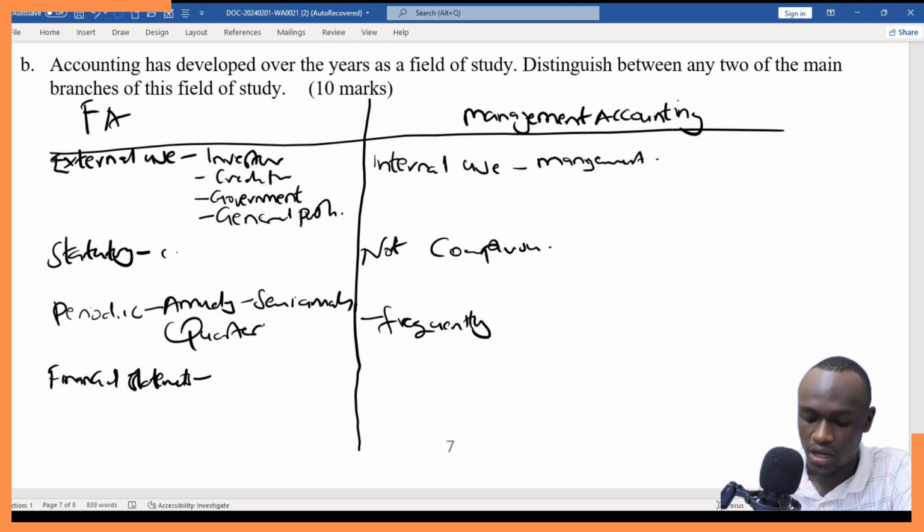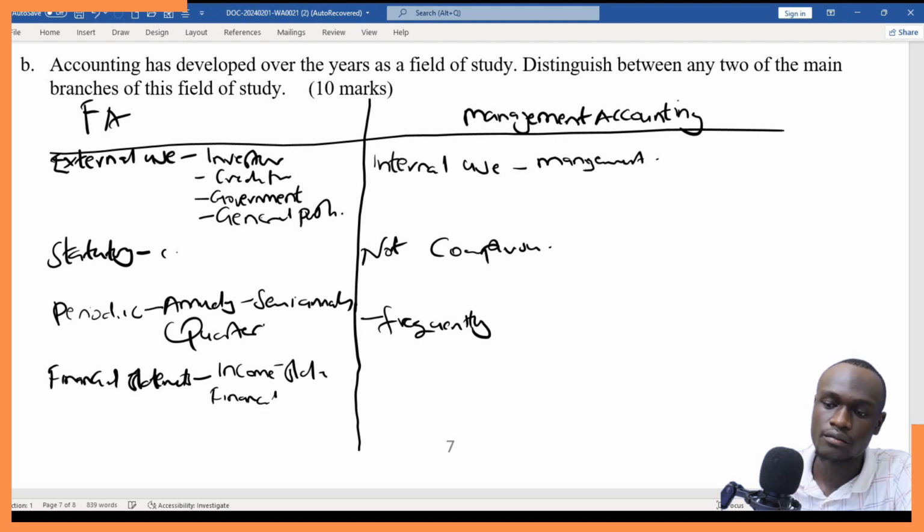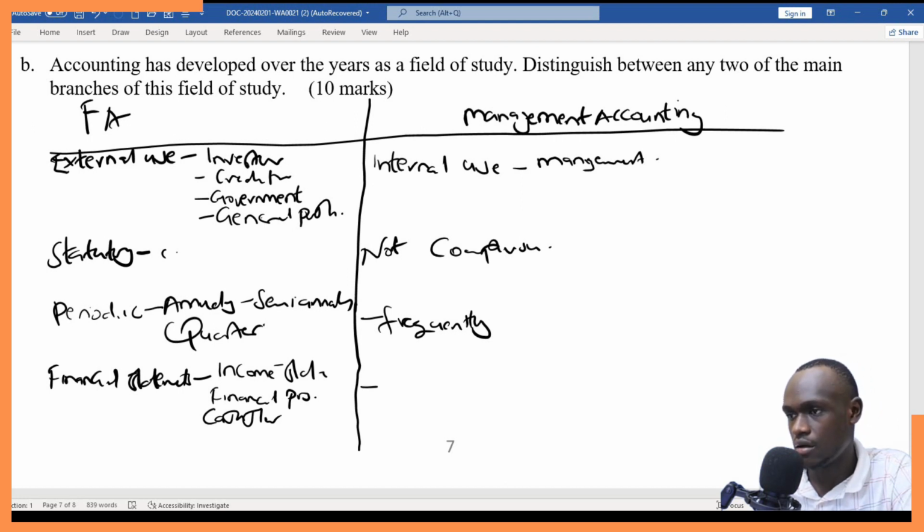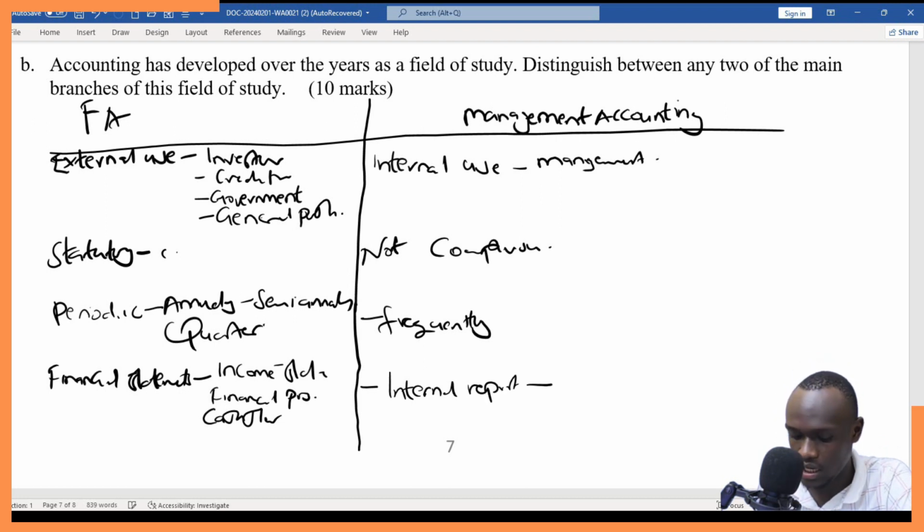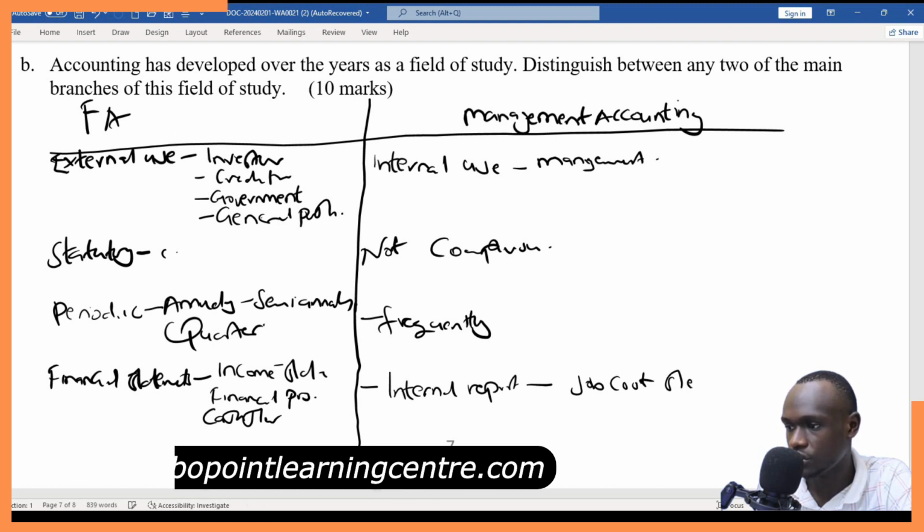Examples of financial statements: we have the income statement, we have the statement of financial position, and we have also the cash flow statement. But management accounting involves preparation of internal reports, such as job cost sheets.